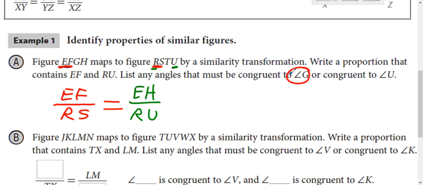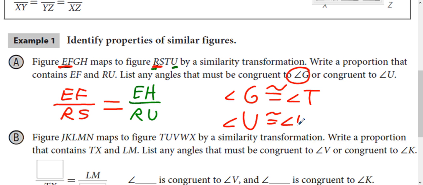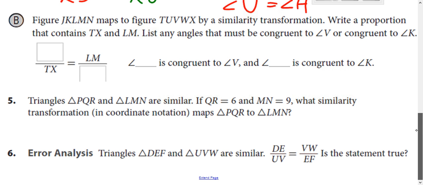And if we're going congruent to angle G, since G is the third letter, that will be congruent to angle T because T is the third letter. Angle U is the fourth letter, so that's going to be congruent to angle H, which is also the fourth letter. Here we have the same thing going on. We have TX in the bottom, so that's the first and the last letter.